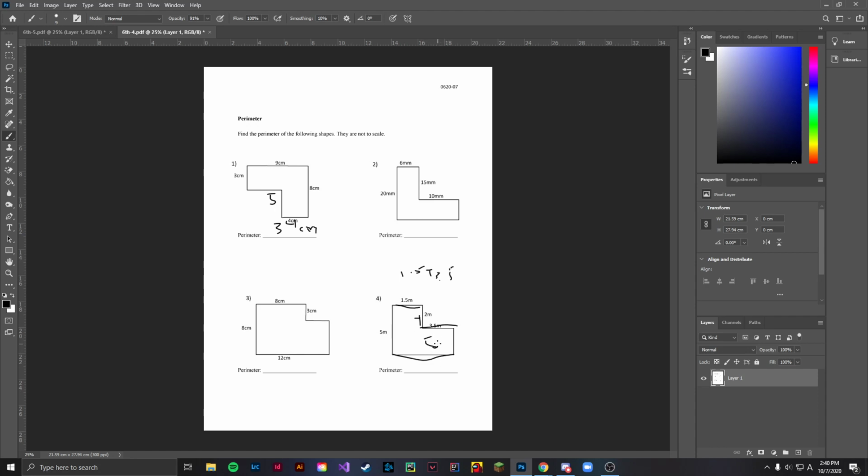So that's going to be 5. So 5 plus 5 plus 3.5 plus 1.5. These two, like I said, they're 5. So 5 plus 5 plus 5, 15 plus 2, 17 units.